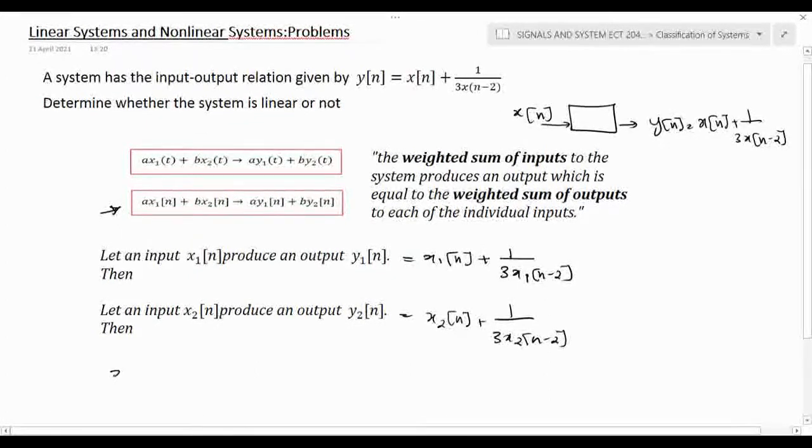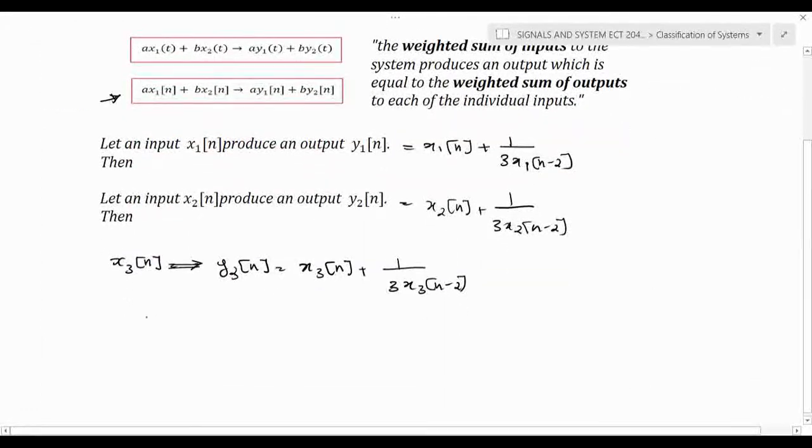And you can consider the third input x3 of n. For the input x3 of n, the corresponding output y3 of n can be written as x3 of n plus 1 by 3 x3 of n minus 2. And assume that the third input x3 of n is equal to a x1 of n plus b x2 of n as a linear combination of two inputs.